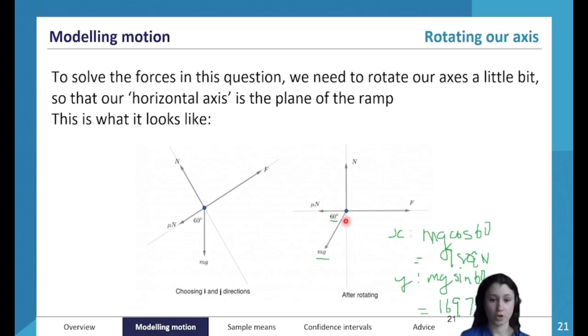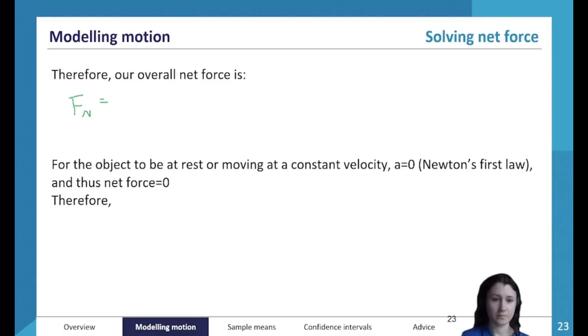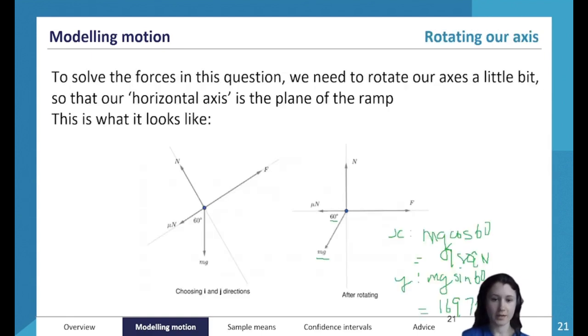So, we have the component 980 and the f and the mu n. So, the biggest force is the f, meaning when we're looking at our net force, we're going to have f minus the mu n force minus the 980 force. Both of these are going to be smaller than this big one.